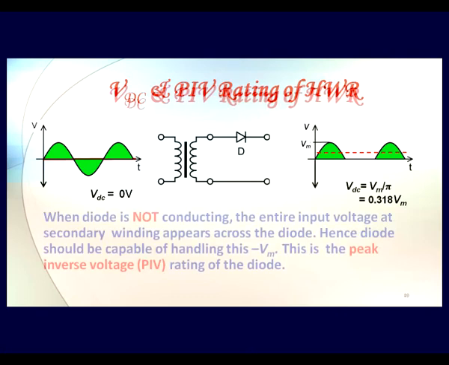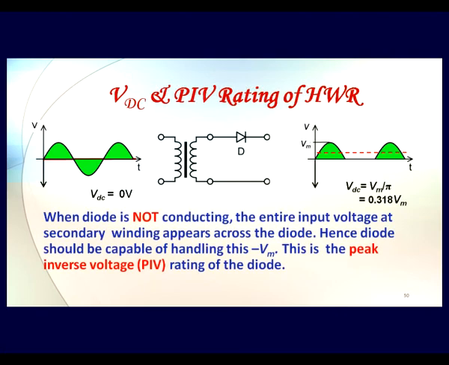There is another characteristic of a rectifier, and that is the diode rating, what kind of diode we should be choosing for our circuit. A very critical parameter is the peak inverse voltage.